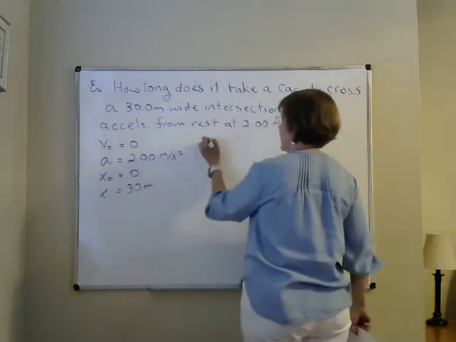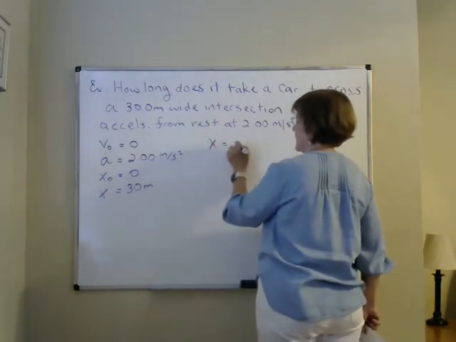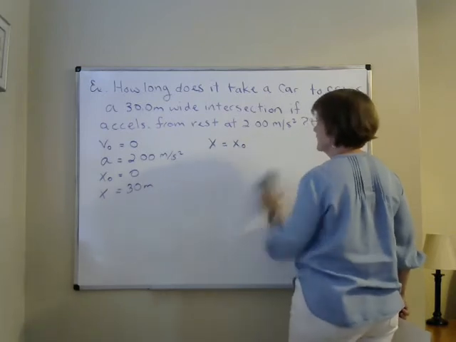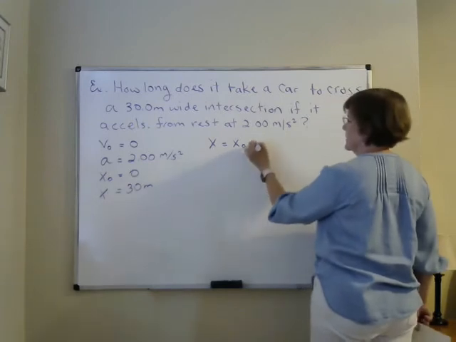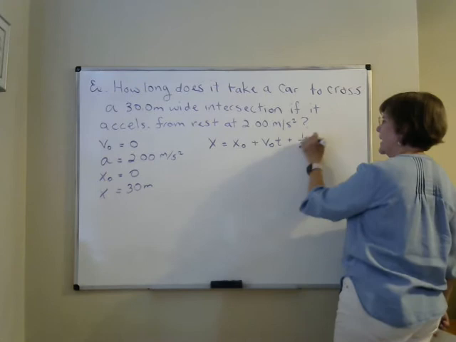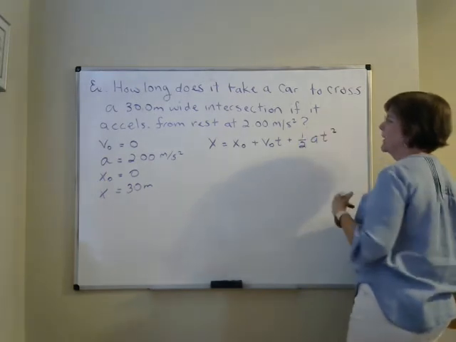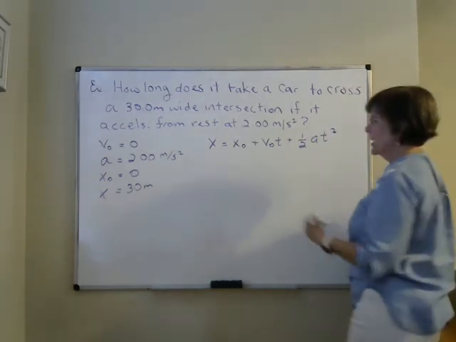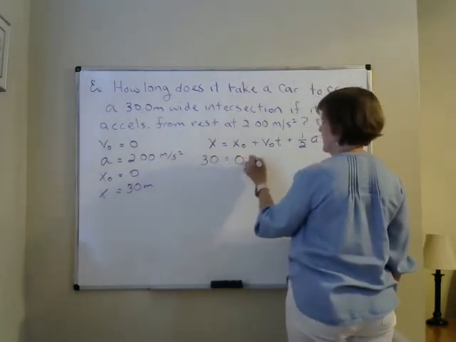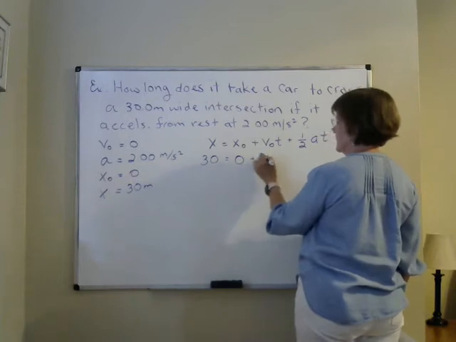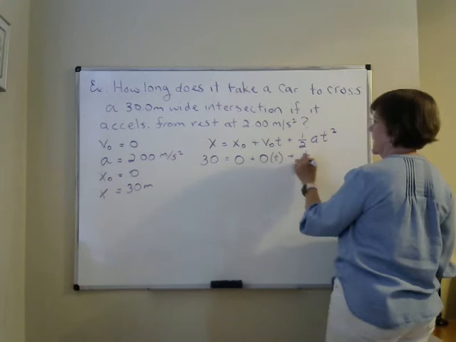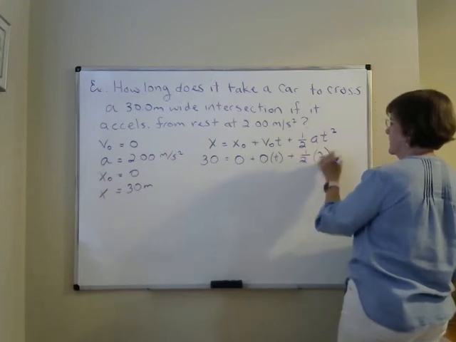If we set up our equation like this, x equals x0 plus v0t plus 1/2 at squared, we're going to need to solve for time. This is 30, this is 0, this is 0, this is 1/2 2t squared.